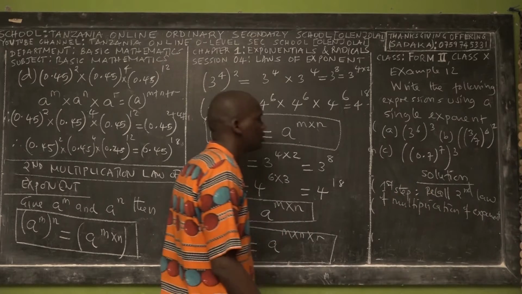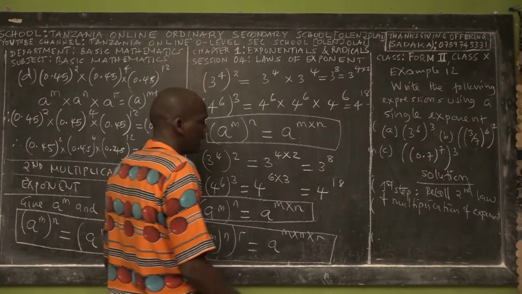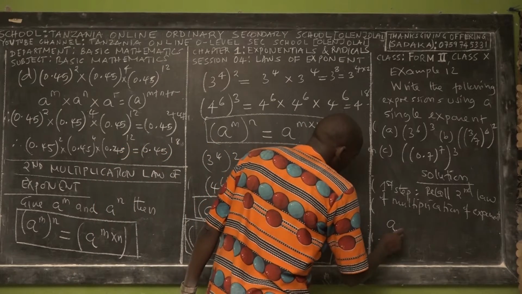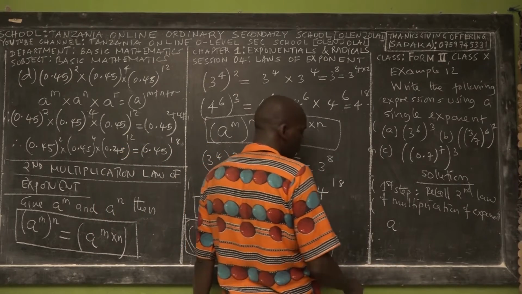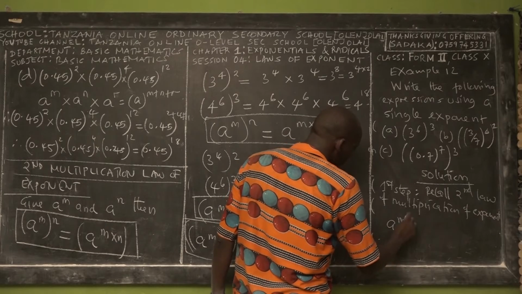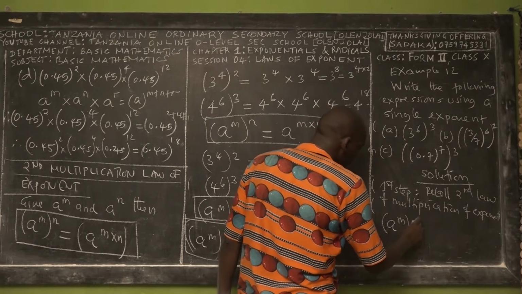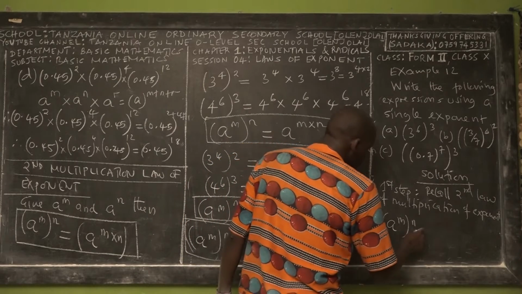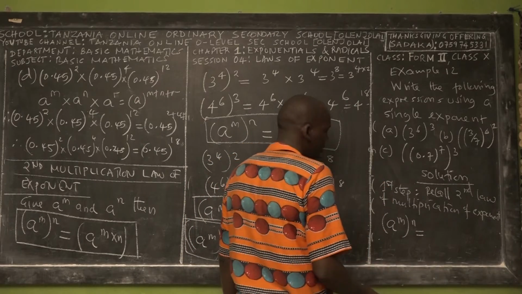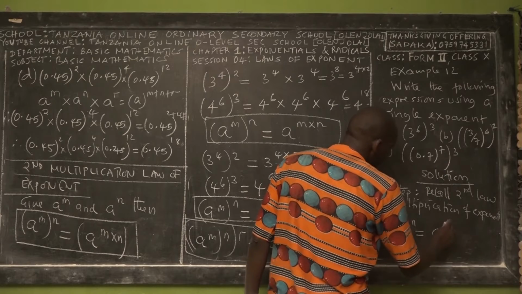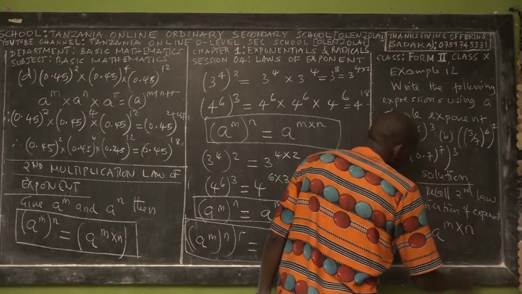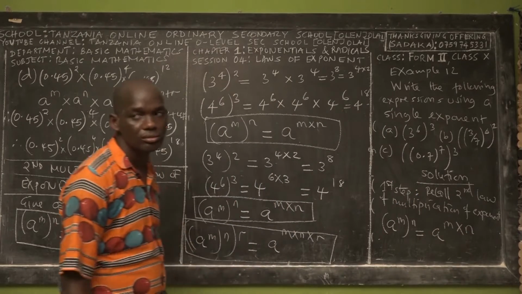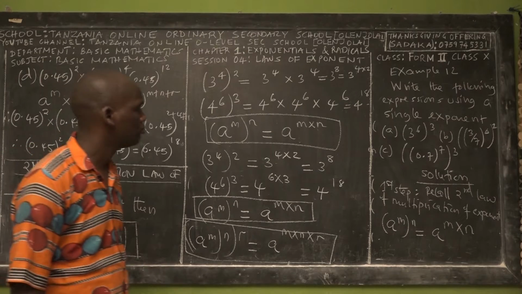How does it state? We have an exponent with base A, exponent m, then open and close bracket, power n. This is equal to A power m times n. That's the law.